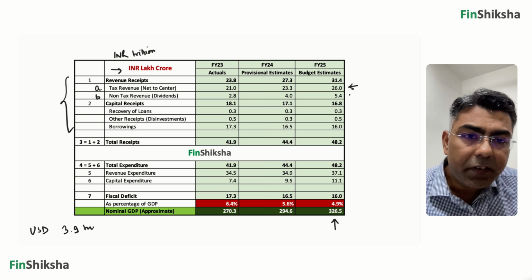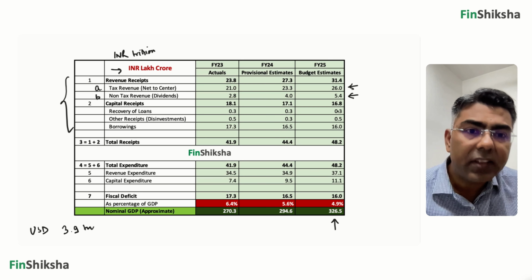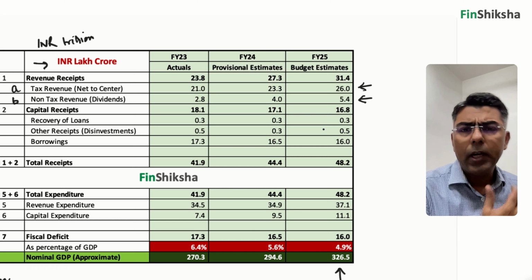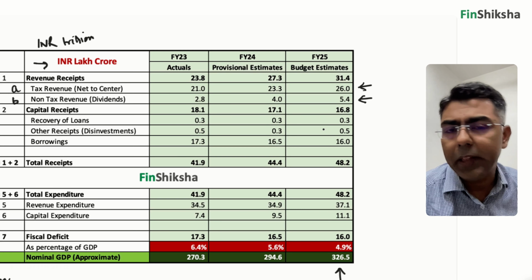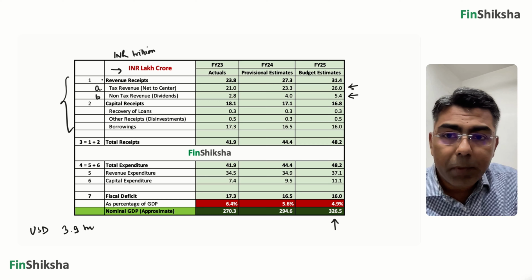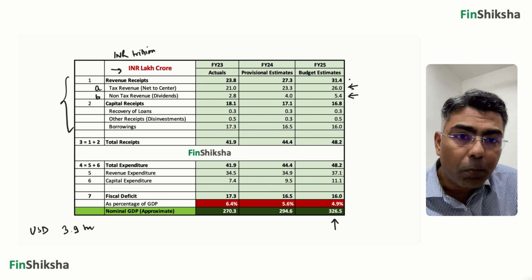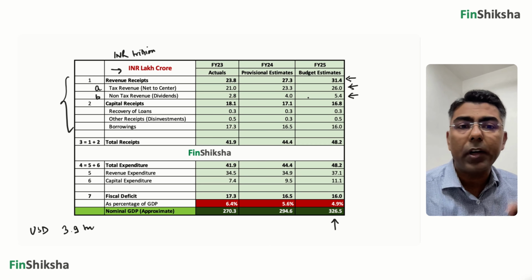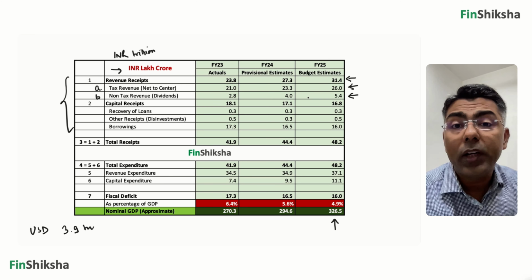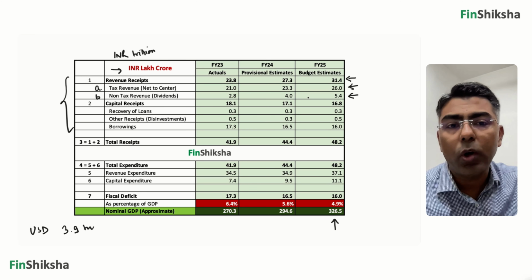Non-tax revenue, which is dividends, the government expects an increase in that to 5.4, partly because RBI is giving more dividends to the government, partly because PSUs are also showing healthy profits at this point of time. So A plus B put together will give me the revenue receipts, that is 31.4. You see this number here right at the top, that's 26 plus 5.4, that's 31.4 trillion or 31.4 lakh crore.